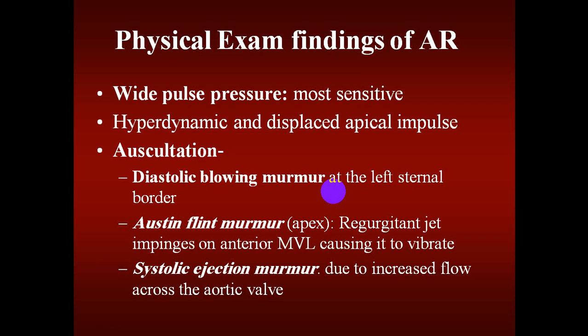On auscultation there are three findings: a diastolic blowing murmur at the left sternal border, the Austin Flint mid-diastolic rumble at the apex, and a systolic ejection murmur. The Austin Flint murmur occurs because the regurgitant jet of blood impinges on the anterior mitral leaflet, causing it to vibrate. The systolic ejection murmur is due to increased flow across the aortic valve.